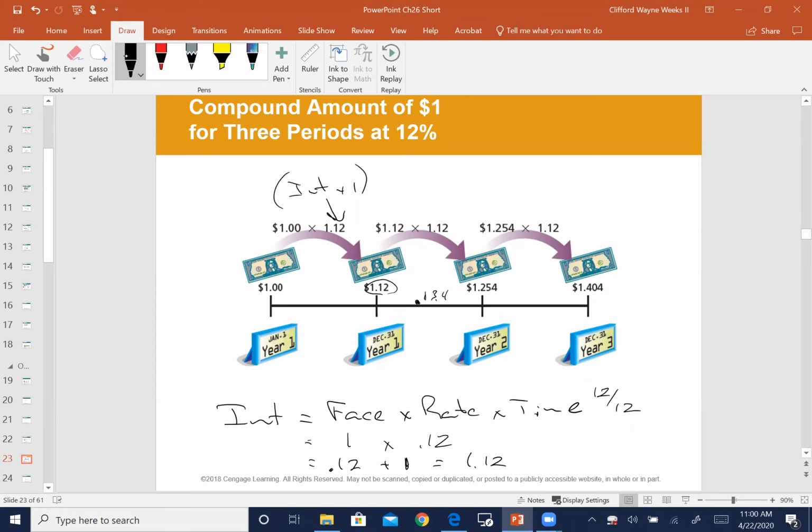Actually, I should say it's between years 2 and 3. And then again, our interest earns more interest, and so we end up with a future value of $1.40. Now, this is the whole idea and concept of saving for your retirement.